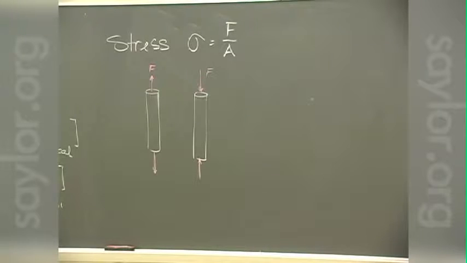Very, very good in compression, not very good in tension. Sorry, other way around. No, that's right. Very good in compression, not very good in tension. We're going to have to deal with that later in the term when we look at concrete structural members, because they're very commonly used in buildings, especially a lot of modern skyscrapers. It's a very easy material to work with. It can be transported in its mixed form and then poured into the shape needed for the structures right on site.